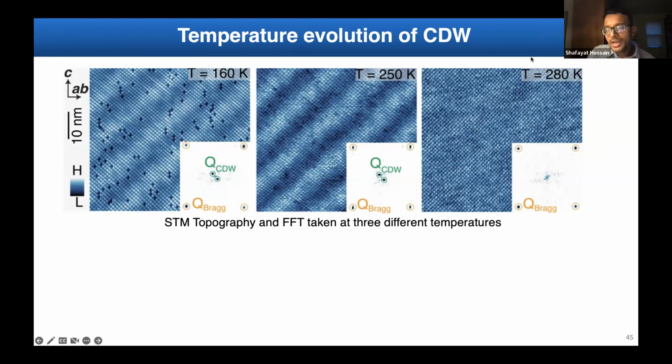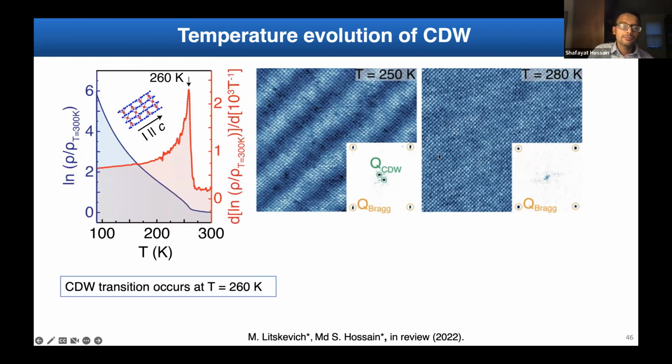And at 280 Kelvin, the charge density wave is gone, and of course there are no charge density wave peaks. So this matches with the expected charge density wave transition at around 260 Kelvin. So we see this charge density wave disappearing in STM at high temperature.